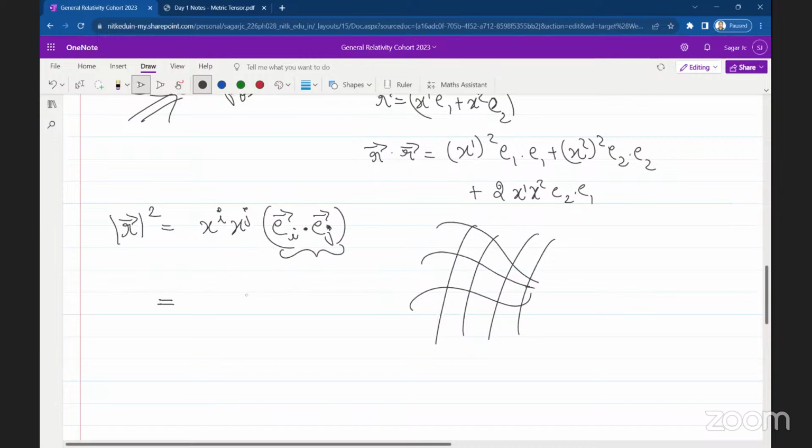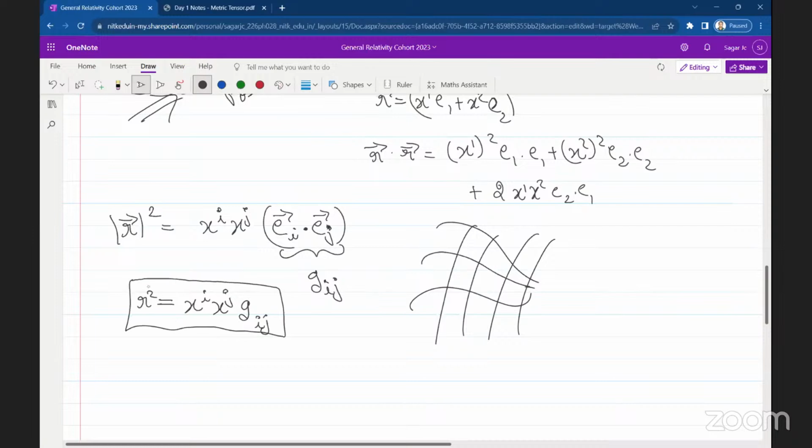Now I will just name this ei dot ej as gij. I'll explain the physical significance of this, but this gij is called the metric tensor component. So this gives me xi xj gij. Okay, so this is r square.